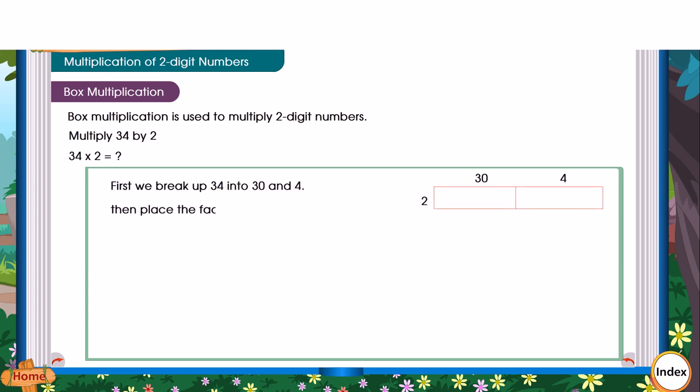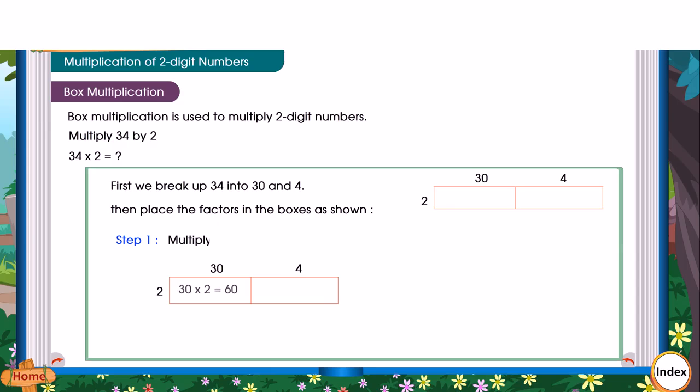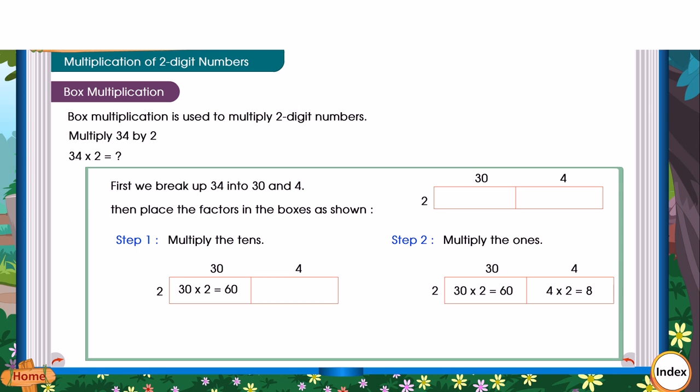Then, place the factors in the boxes as shown. Step 1. Multiply the tens. Step 2. Multiply the ones. Add the products. 60 plus 8 is equal to 68. Answer: the product of 34 and 2 is 68.